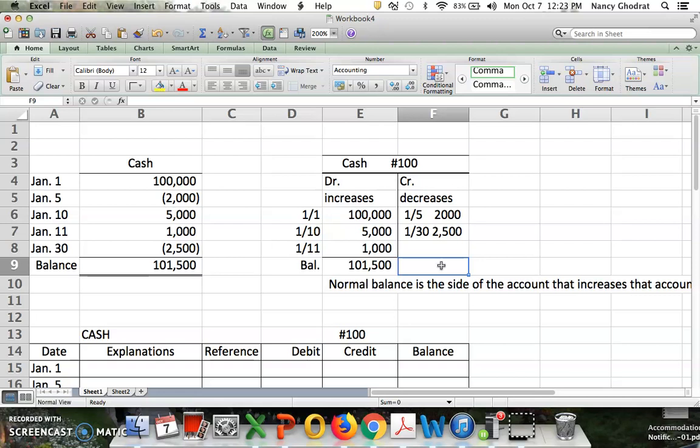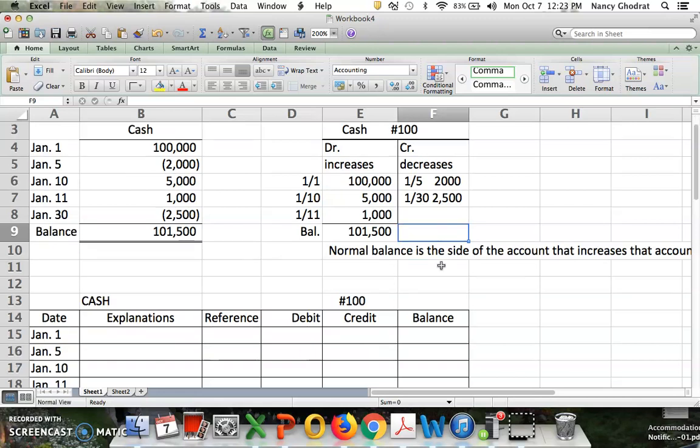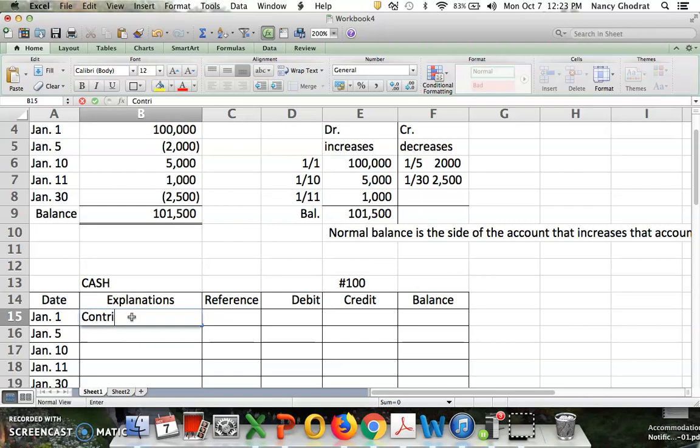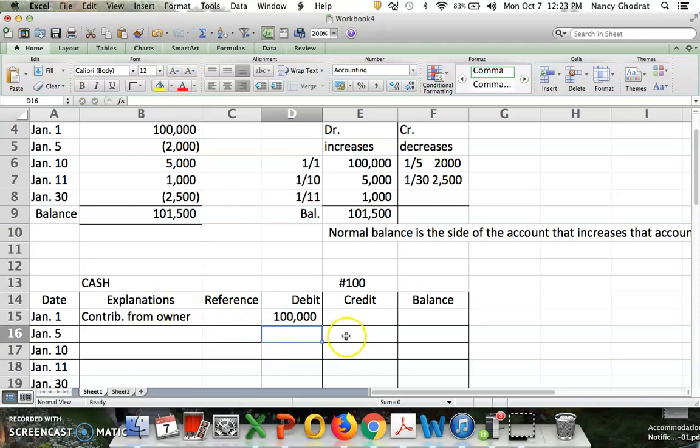So now let's see how companies actually use their standard format account. In a standard format account, you're going to write down an explanation. Let's say the $100,000 was a contribution from owner. And then we put the 100K on the left side, or debit side, because it's an asset, and we arrive at a balance.